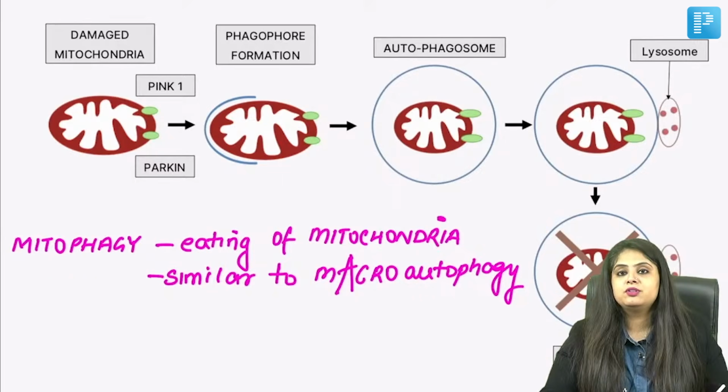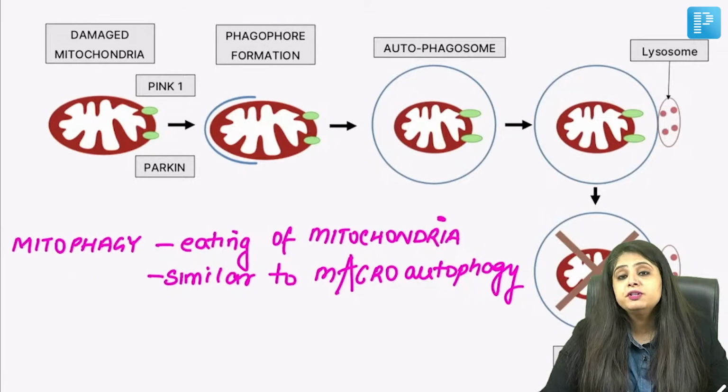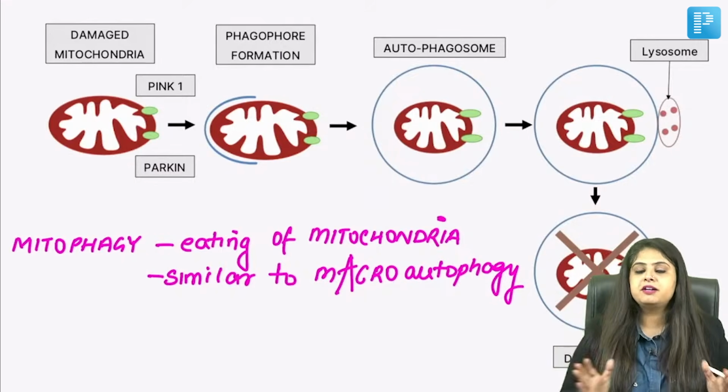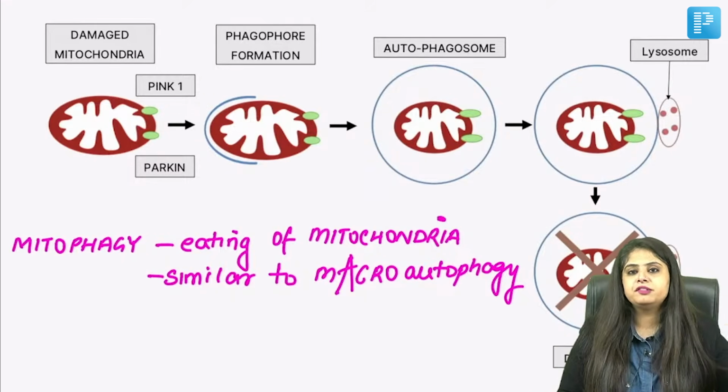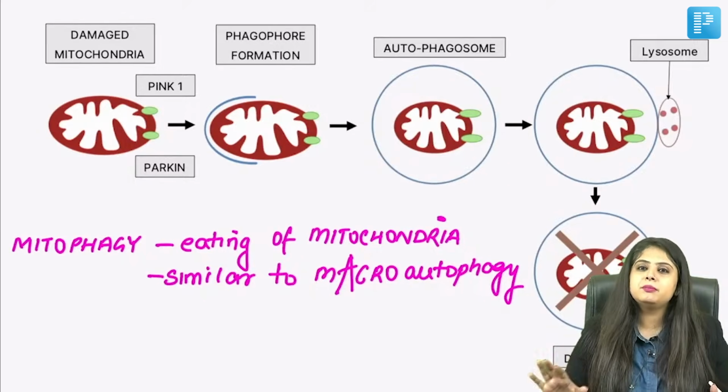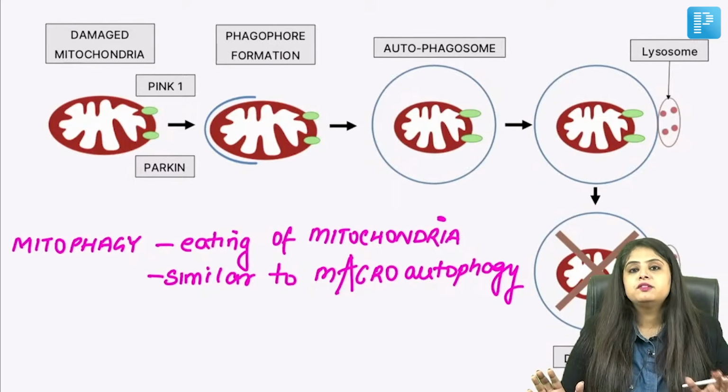Third thing, there are so many mitochondria in my body. How do you know which one to eat? Which mitochondria do you have to eat? Body knows. Tell me, if you have one mitochondria which is at the peak of its energy, it has a lot of ATP, it is doing the best work, versus a mitochondria which has become a little old. It has ATP, but it has become a little old. For your survival, what will you do?